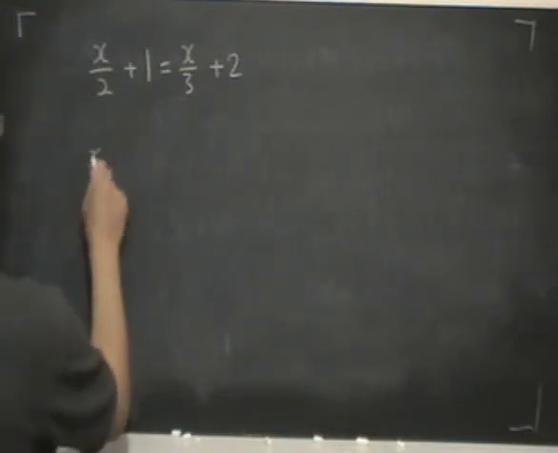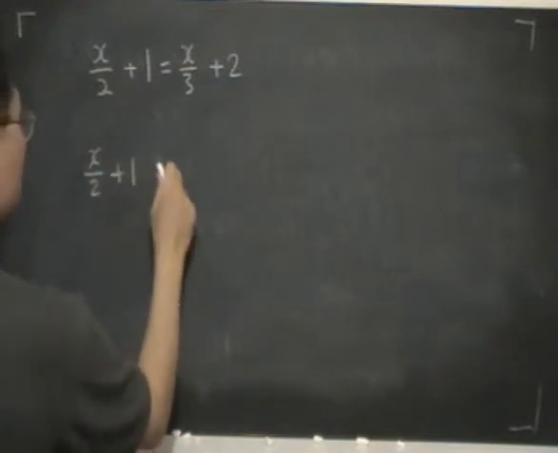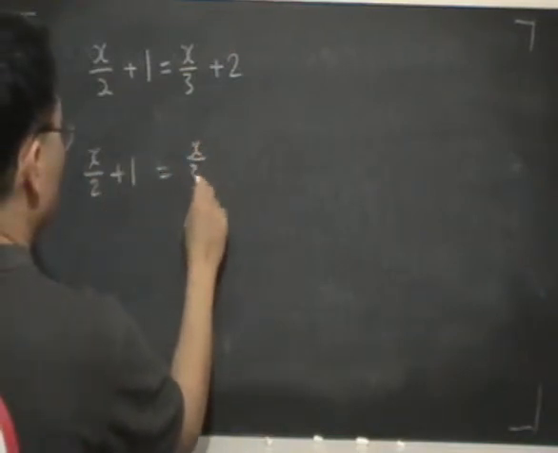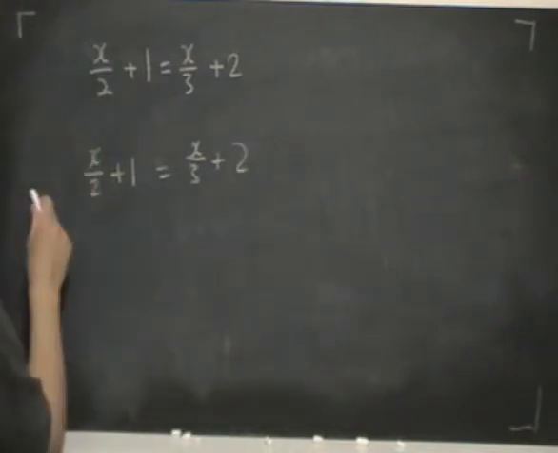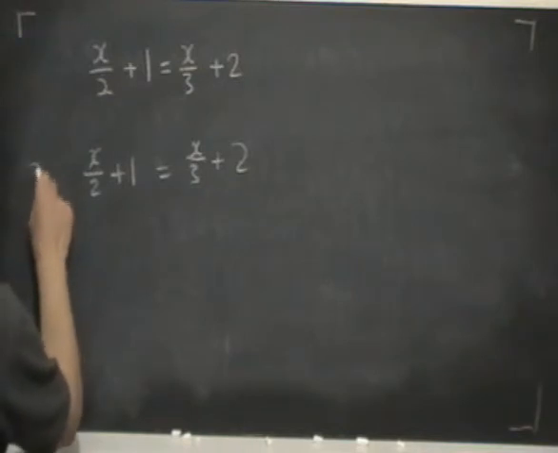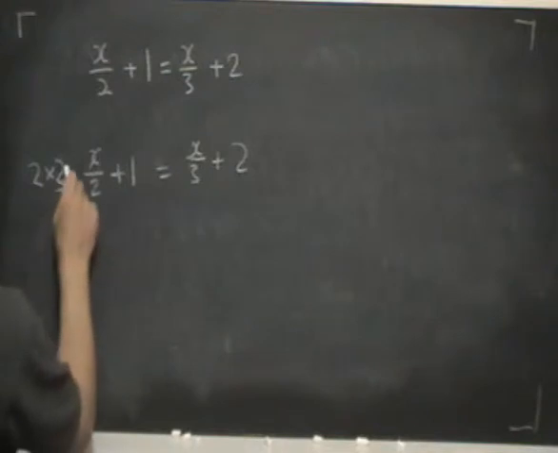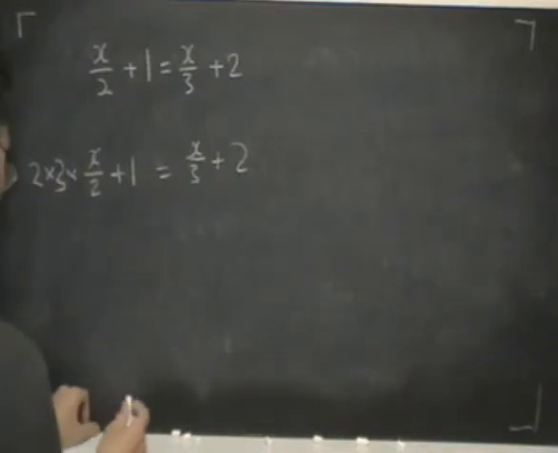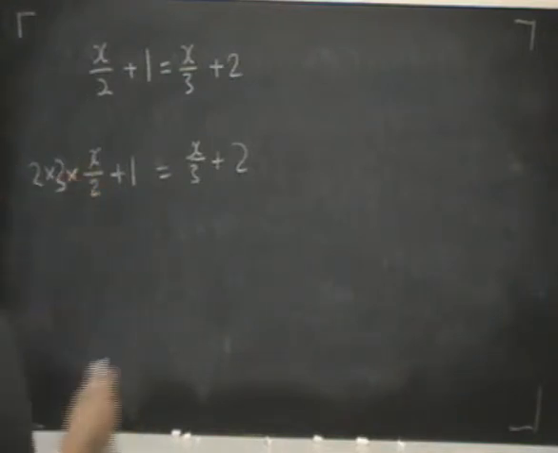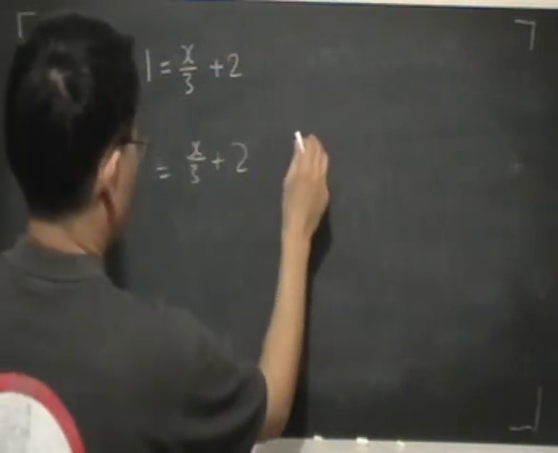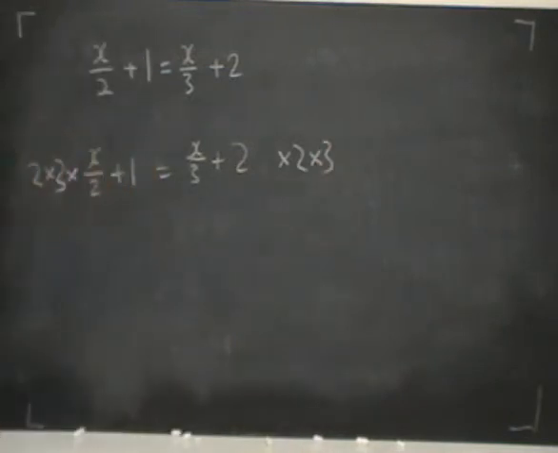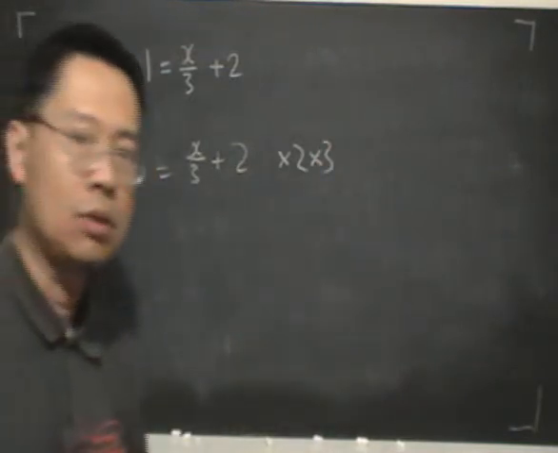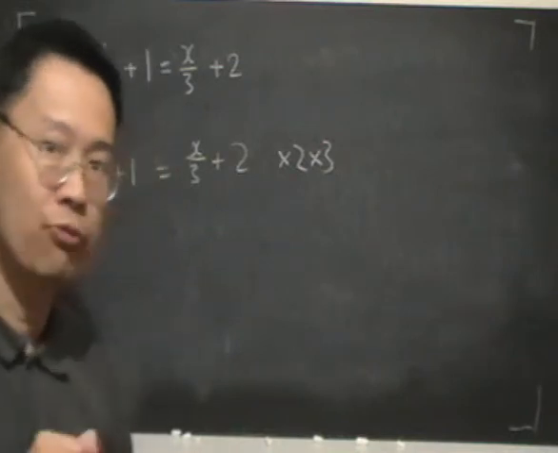So I want to multiply the left side by 2 and by 3. And I want to multiply the right side by 2 and by 3. Now this is the point where we must be very careful.